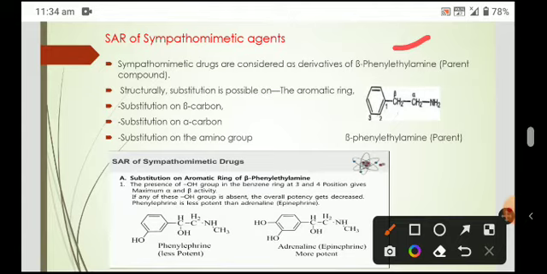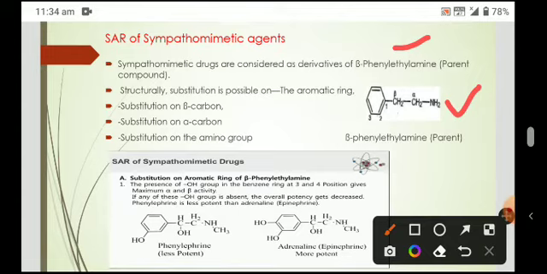As I have shown the structure here, it is the parent compound for studying the SAR of sympathomimetic agents. Four types of substitutions are possible on beta-phenylethylamine. Which types of substitutions are made here?